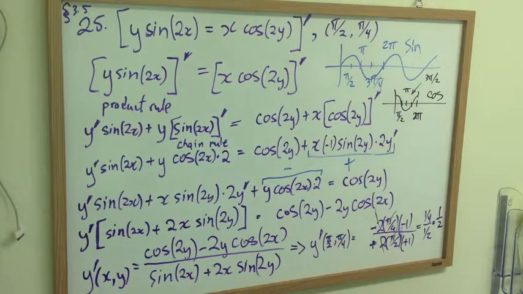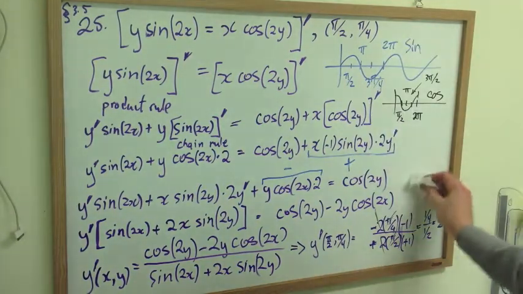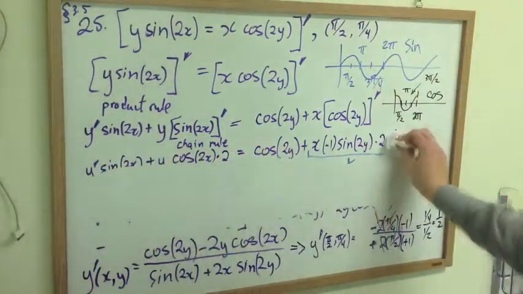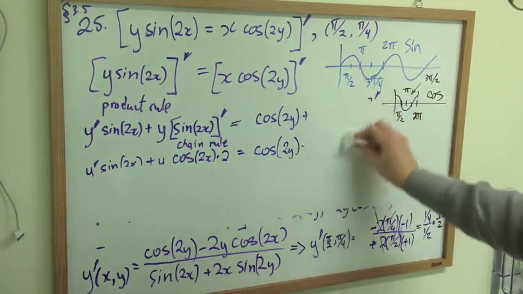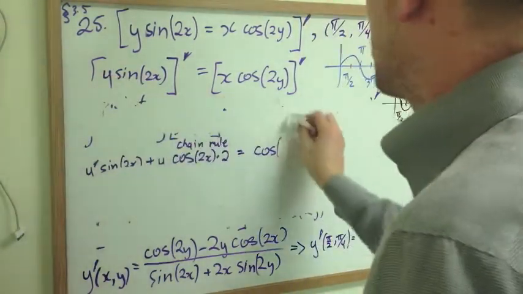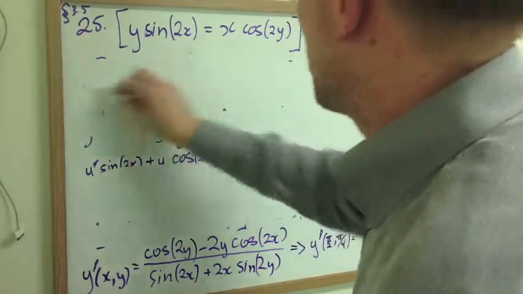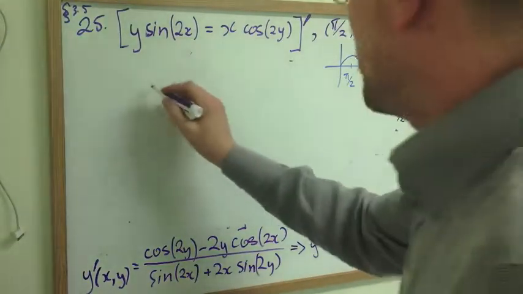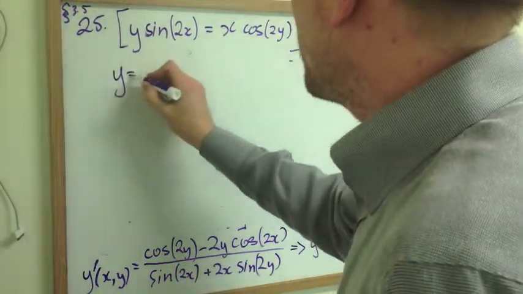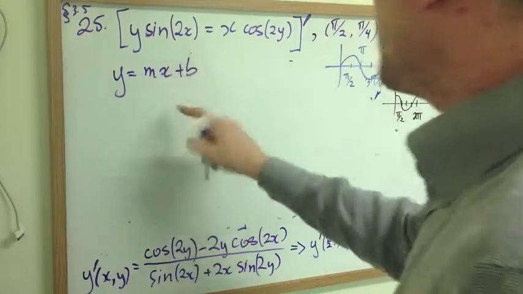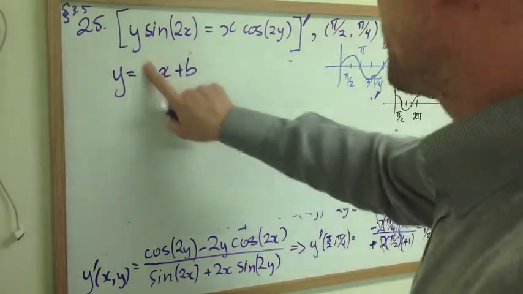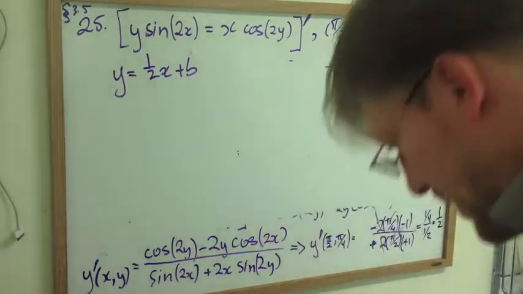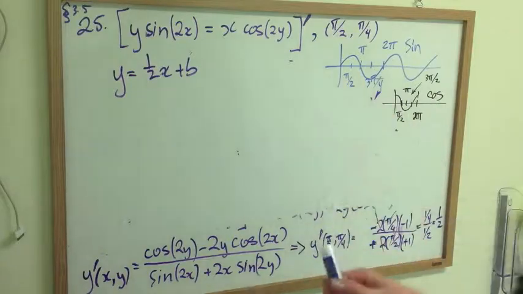I'm going to erase all the work, because what I've found out is that the slope at that point is a half. So if my equation of the tangent line is y equals mx plus b, I figured out what the slope was, and that is equal to a half. And now to figure out what b is, well, the only point that I know is pi over 2, pi over 4.